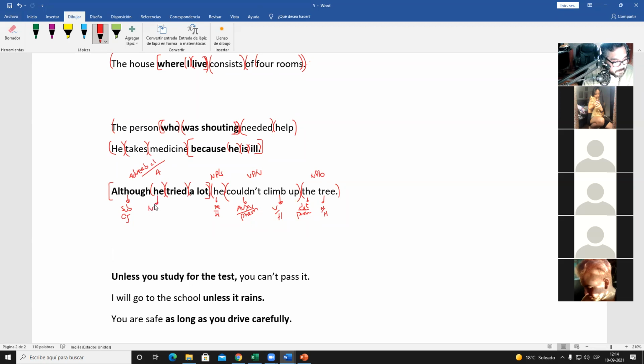This is my noun phrase subject, pronoun head, tried, verb phrase verb head, and then a lot. Creo que esto es un adverb, debería ser un adverb. A lot he tried. Ya, sí, eso sí debe ser un adverb. How much, porque responde a cuánto. Es una adverb phrase. Adverbial hecha de un a lot. Creo que es solo un adverb. Head. Eso lo tenemos que revisar en un diccionario. El resto se hace igual.